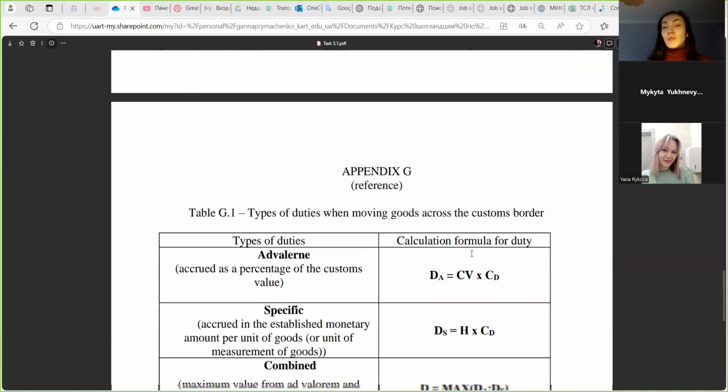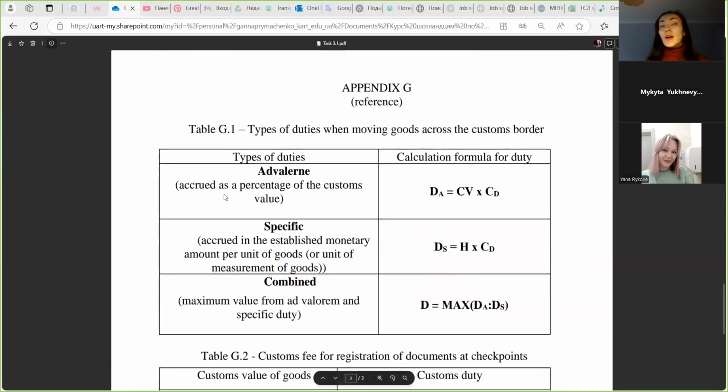So we check three parameters. Remember that we have three types of duty, and first and second we calculated, and the last we need to choose what we used for next calculations.